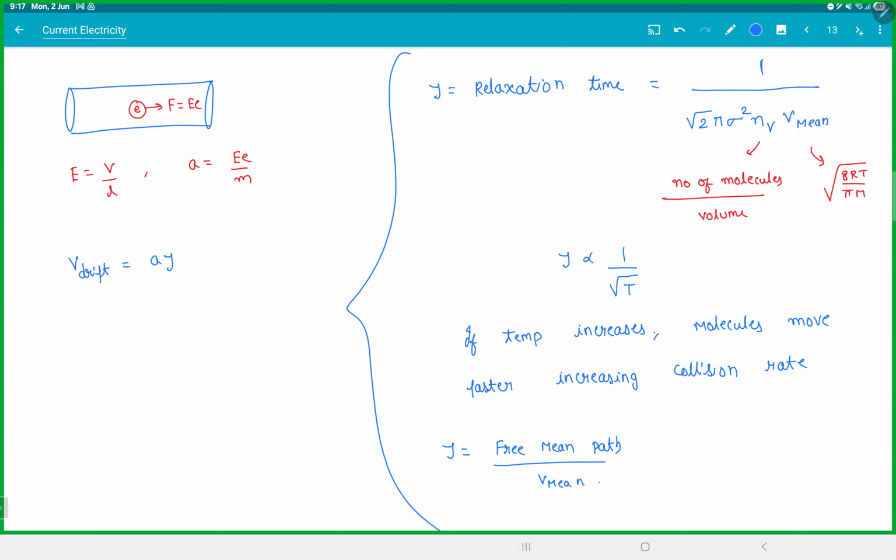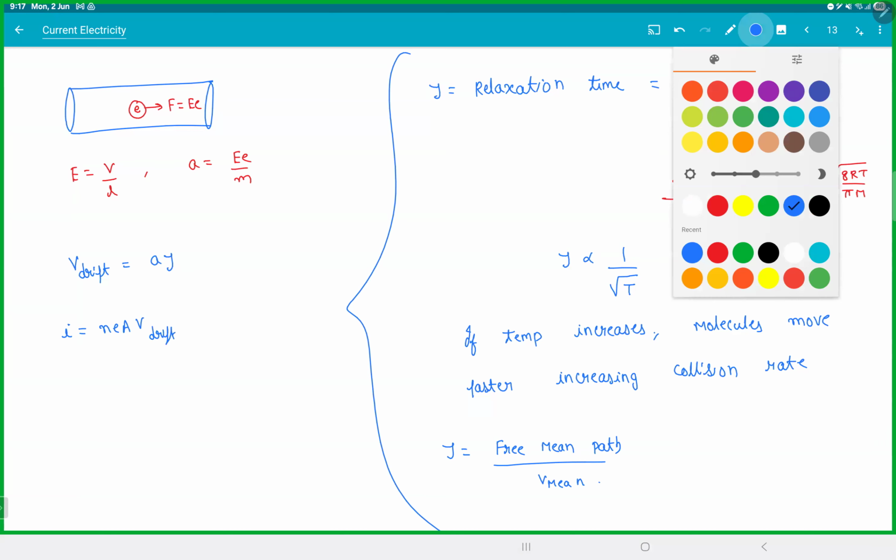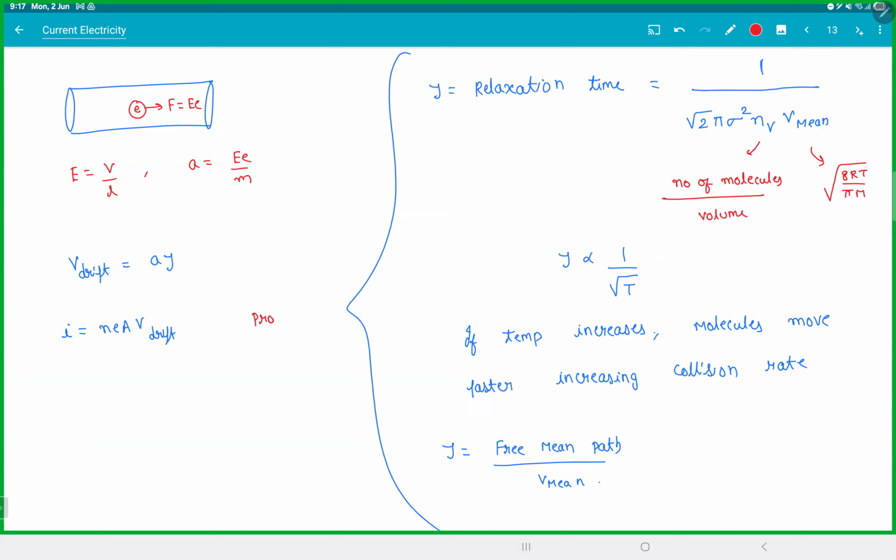Once we got V drift, we know I is equal to N E A V drift. This we have done today in problem 1C. Check. Once we got the V drift, you can substitute here.